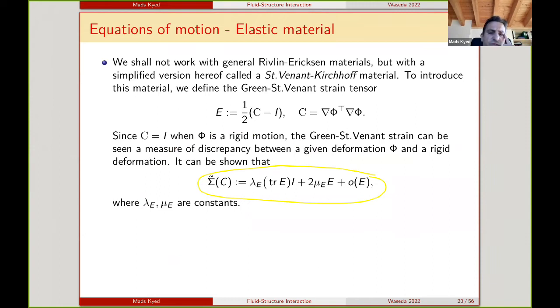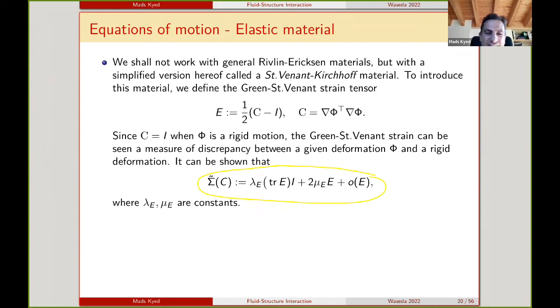We need to introduce the Green-Saint Venant strain tensor E, which is the difference between the strain C and the identity matrix, times 1/2. Okay, so that's E. So in terms of E, we express the Saint Venant-Kirchhoff second Piola-Kirchhoff stress tensor.